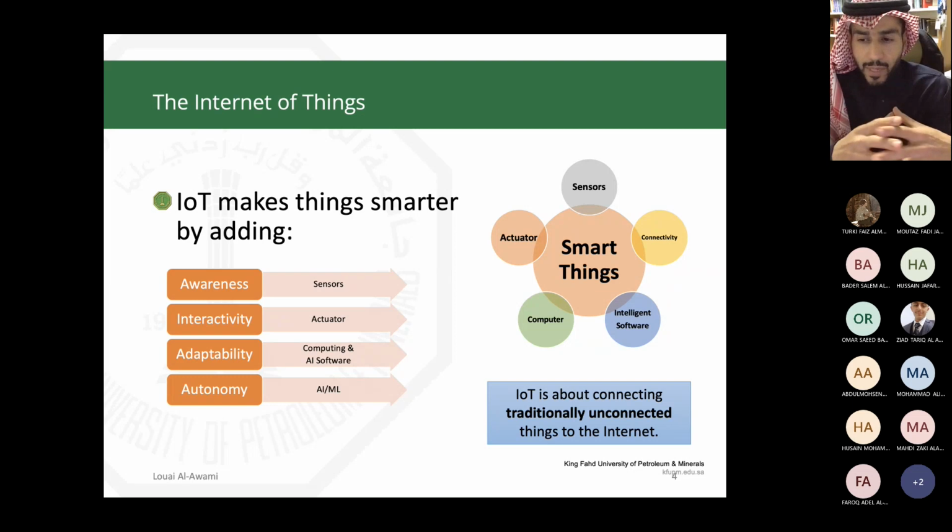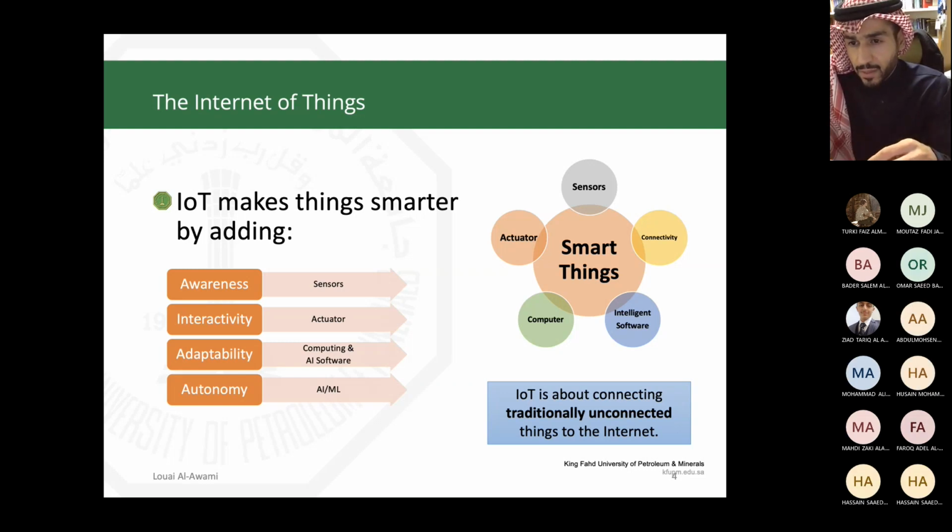You need knowledge from electronics and hardware. You need knowledge from computer networks. You need knowledge about AI and machine learning. And that's why we made the concentration to put together all these different components in a nicely tailored way.